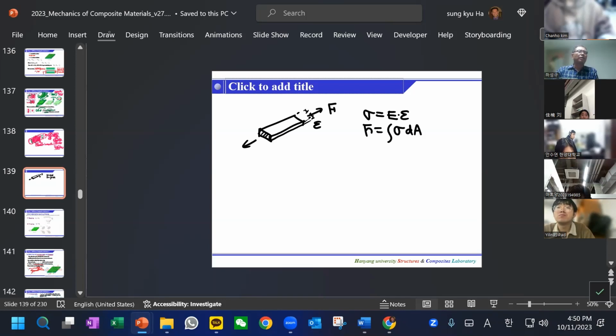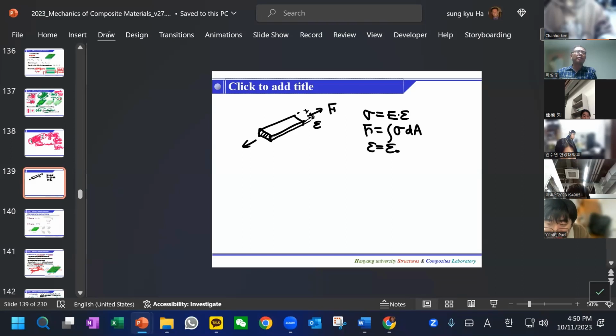Now here, the most important point we already know is that this strain will deform uniformly. No matter how many ply, how many materials we have, this strain will be uniform. So this strain will be the same.